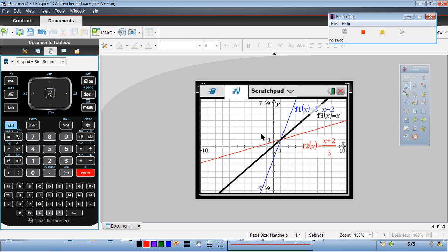If I fold my paper along this line, my y equals x line, the two lines would overlap, would be the same line. It's a reflection. Inverse functions are just reflections across the y equals x axis. Which is why, if you folded it in half, it'd be symmetrical. Any questions over that?